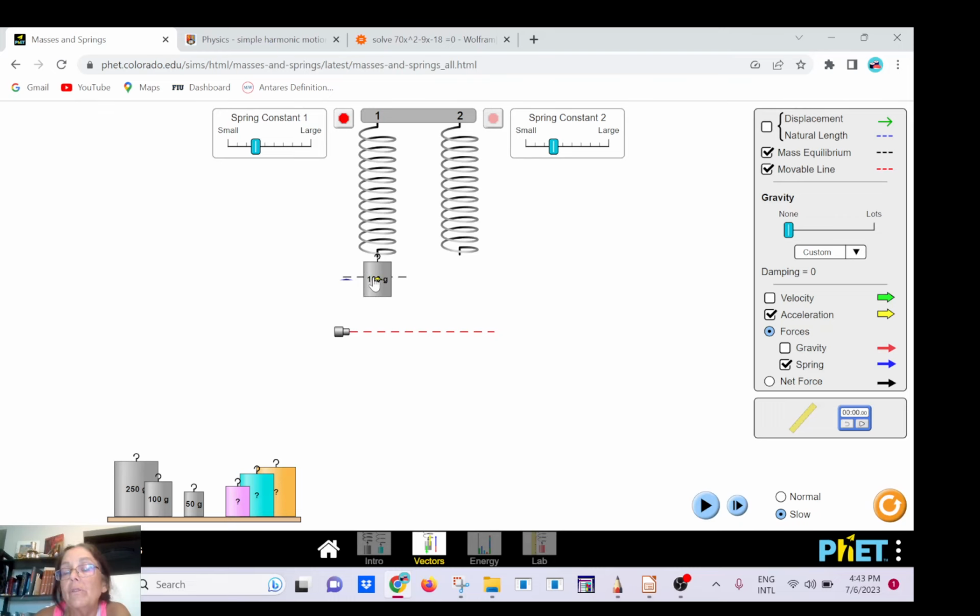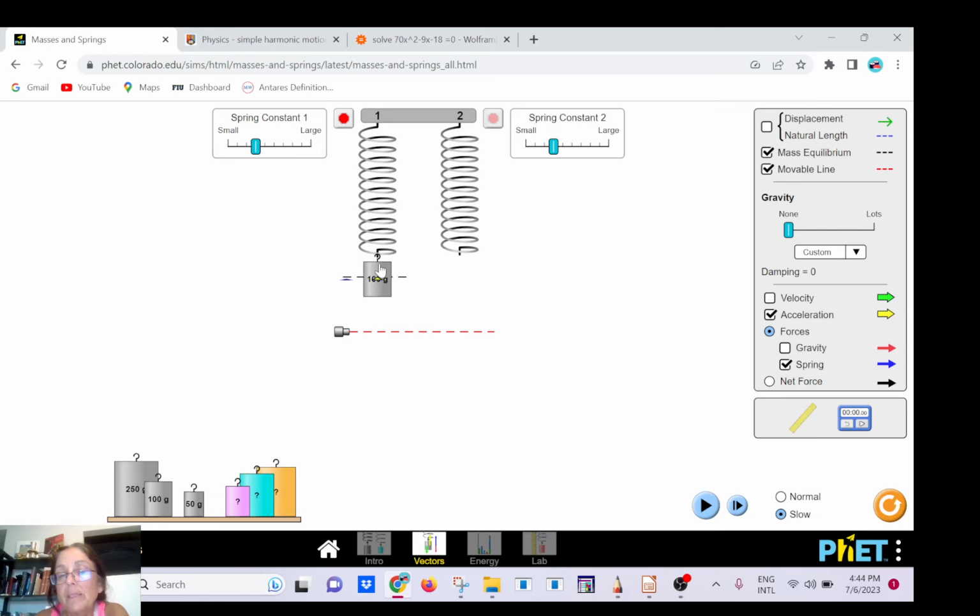Okay? So now you might ask, how come when it's going through its equilibrium position, it doesn't stop? That's because of Newton's first law. An object in motion wants to stay in motion in the same direction at the same speed unless acted on by an opposite force, but it will take time to stop it, right? So here, there is no force.